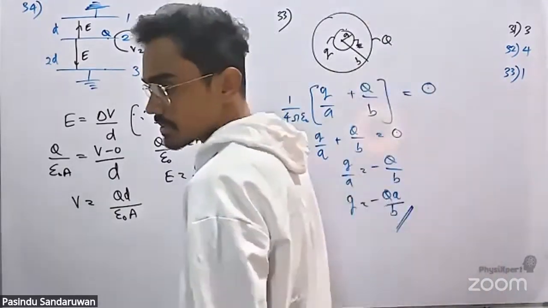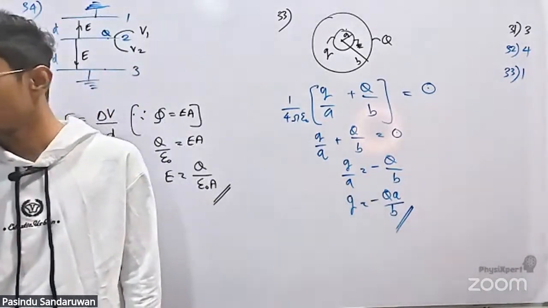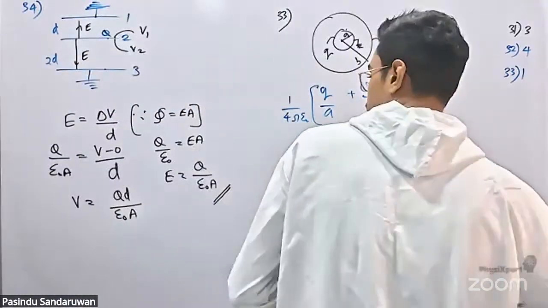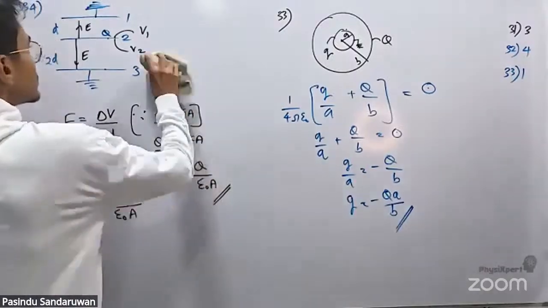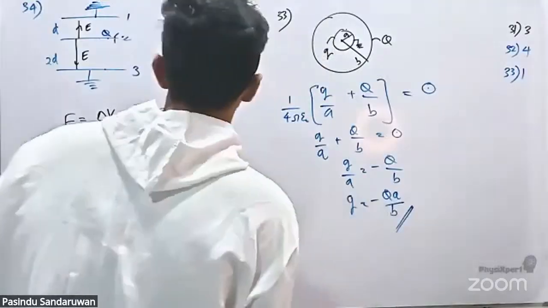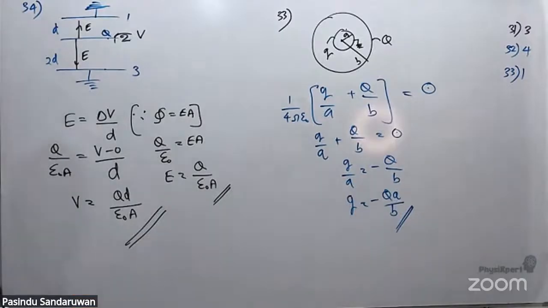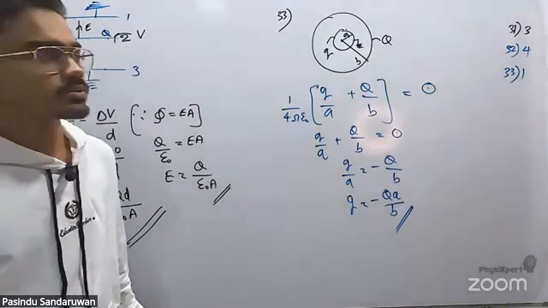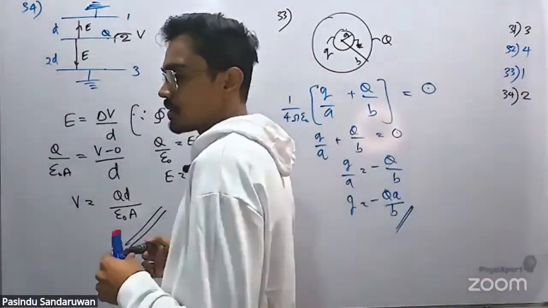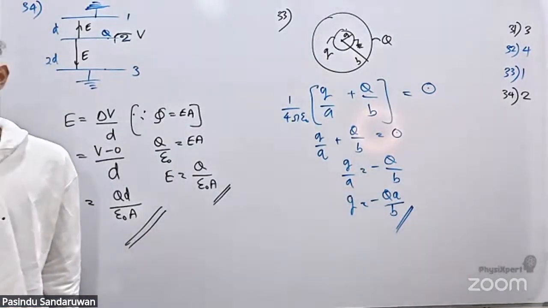We need potential at the middle point, right? Potential at the middle plate, then it directly comes. Right? So this is the element. It is only the potential, so let's say V. That's it. V. Then V is QD over epsilon naught A, answer 2. For 34, answer 2.